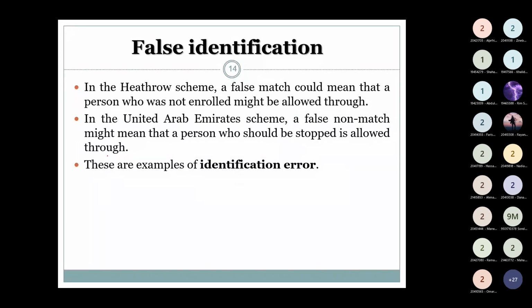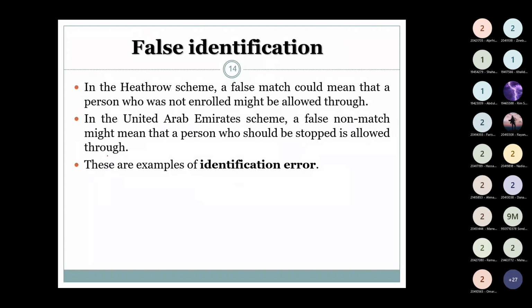Here we have the false match. The false match in the hetero scheme means that the person is not enrolled. A person that is not enrolled will be allowed to enroll.